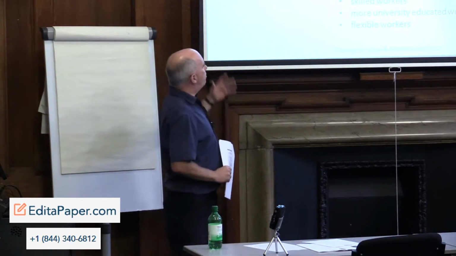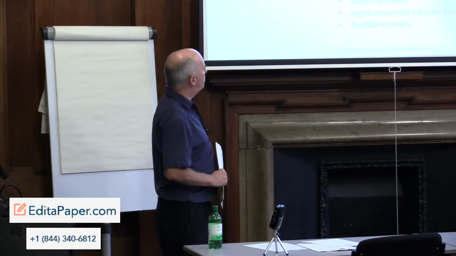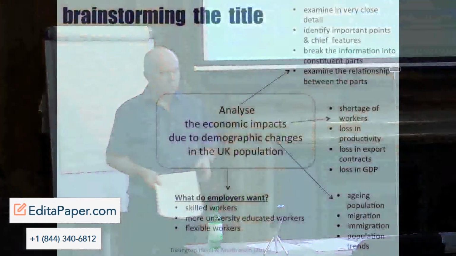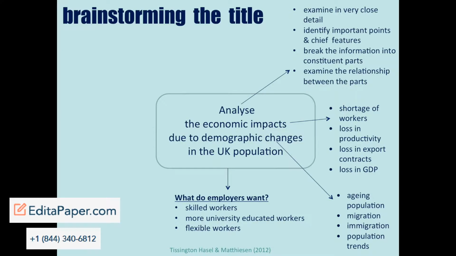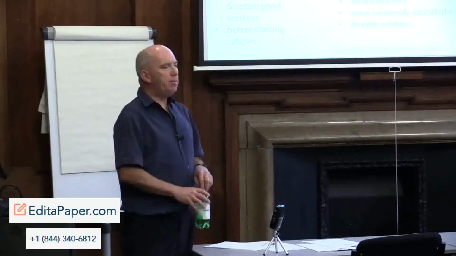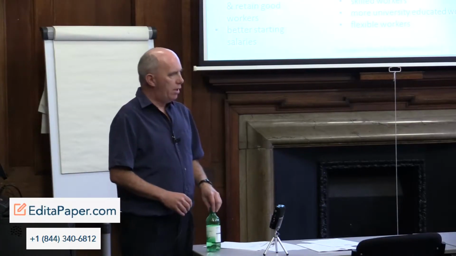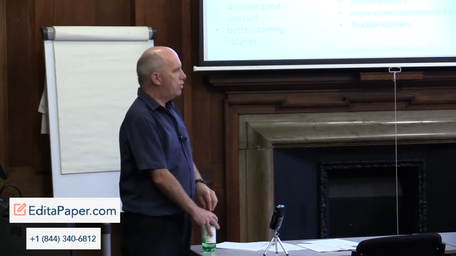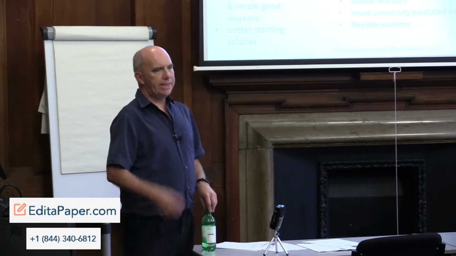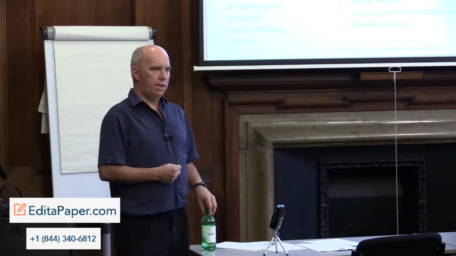So what could employers do about this? They could try and make sure there are more women in the workforce and older workers. In fact, I was reading the Guardian newspaper today, and the CBI, the Confederation of British Industry, were asking the government to improve maternity grants to help women to come back into the workforce.